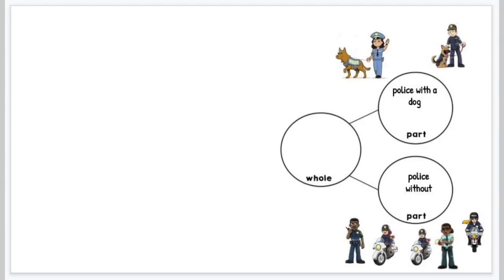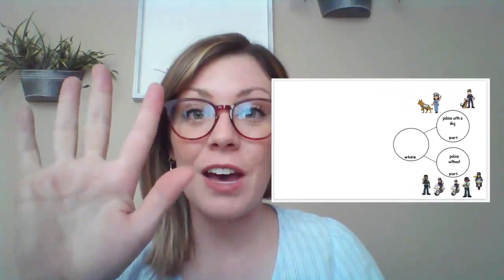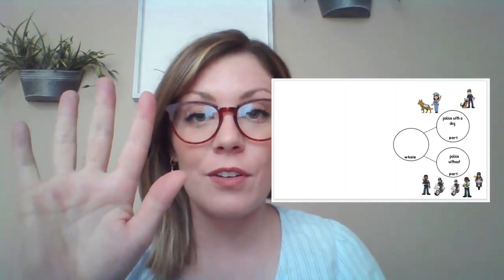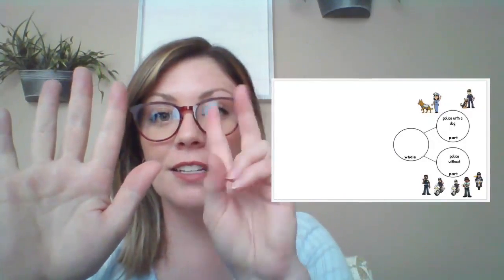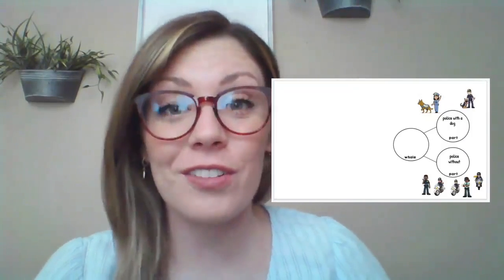So I'm going to start with that, the bigger of the 2 numbers. Okay, I want you to do this with me. Say 5, and then count on the 2 more that we have in addition to the 5. 5, 6, 7. So how many police officers do we have in all?